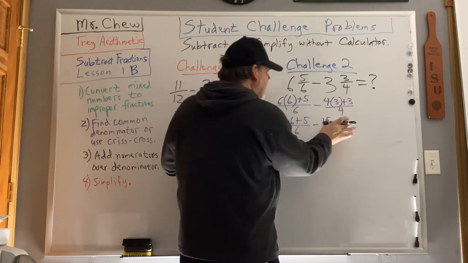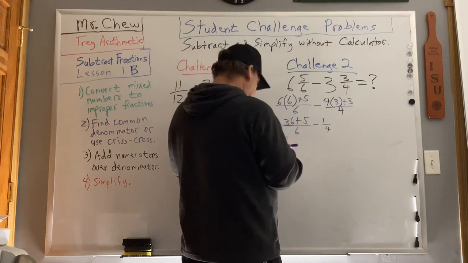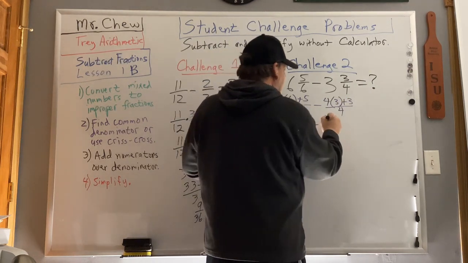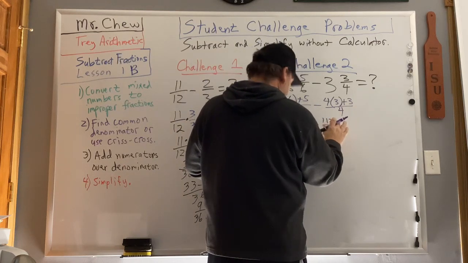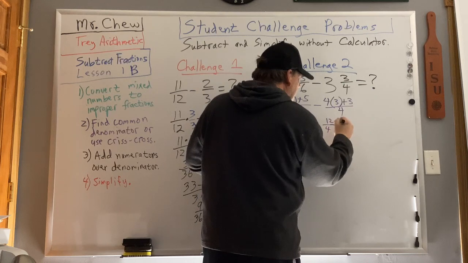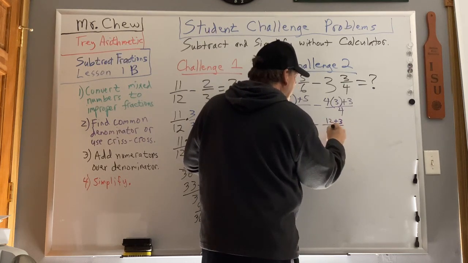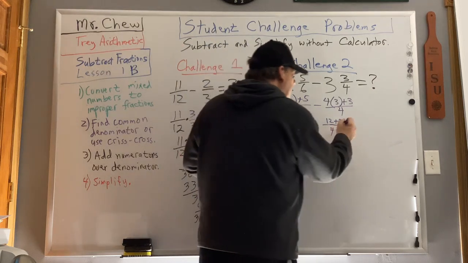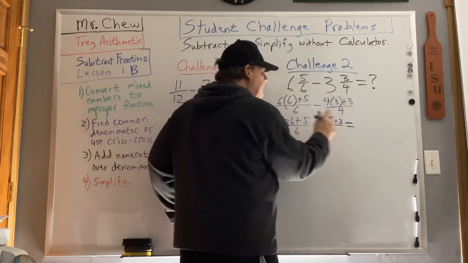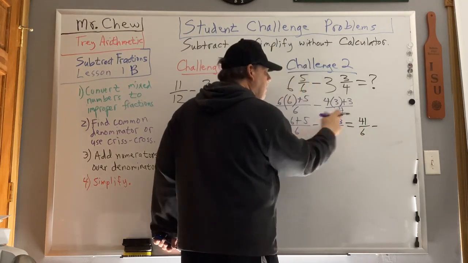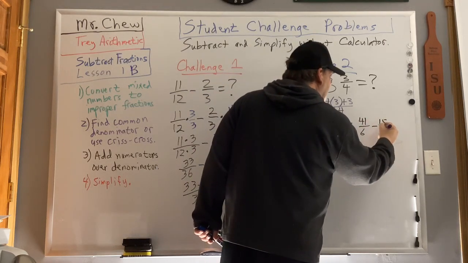Well, let me do my 4 times 3, which is 12 plus 3, and it's all over 4. Now I'm going to simplify it. 36 plus 5 is 41 over 6, minus 12 plus 3 is 15 over 4.